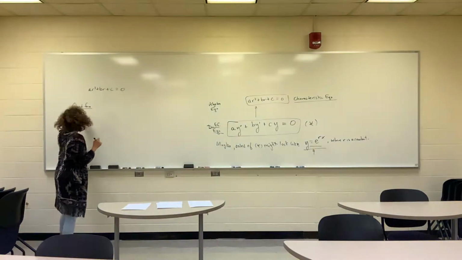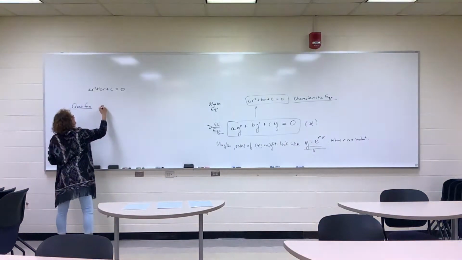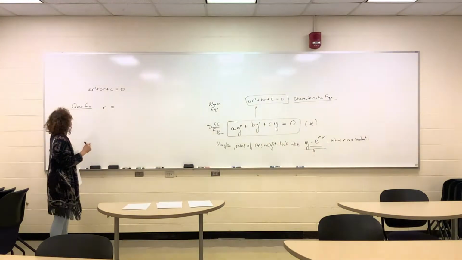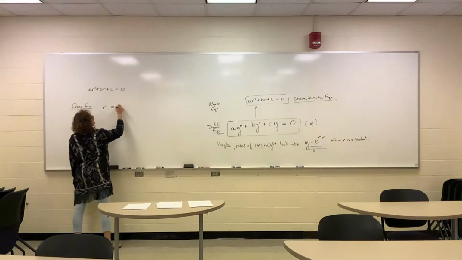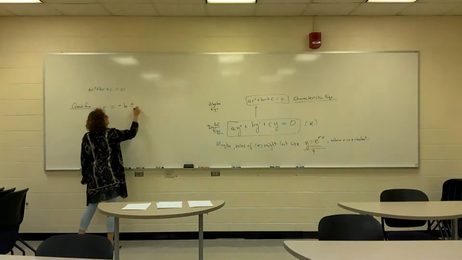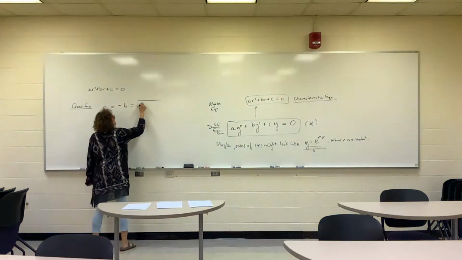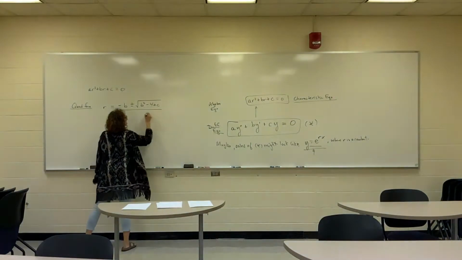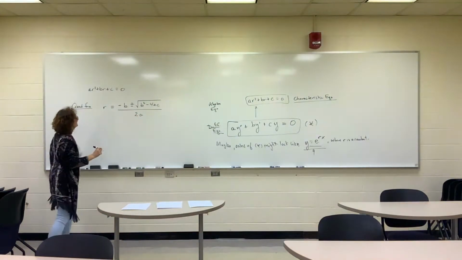I didn't get that gift. So what is R equal to? R is our variable, this is quadratic in R. R is equal to minus B plus or minus the square root of B squared minus 4AC, all over 2A, okay?